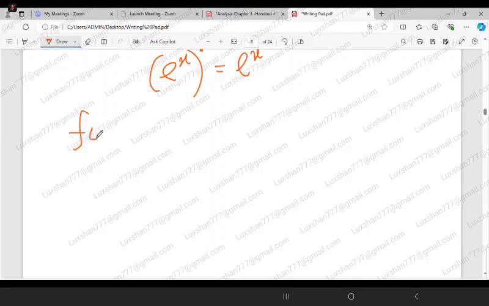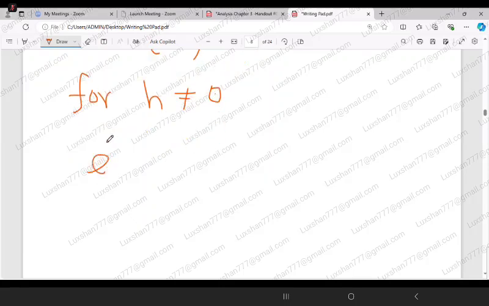For h not equal to 0, e to the power x plus h minus e to the power x over h, because the same thing, but we are considering for our limit, minus e to the power x. We are considering this one. We are considering the mod of this one.